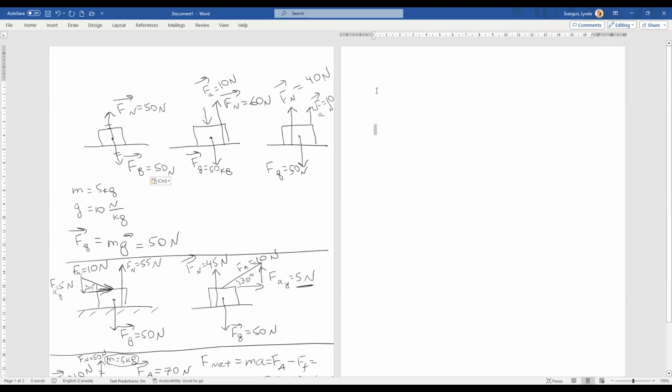If the object moves with constant speed, all forces are balanced. So let's make a free body diagram. The force down and force up are equal and opposite, and the force to the left and to the right are also equal and opposite.